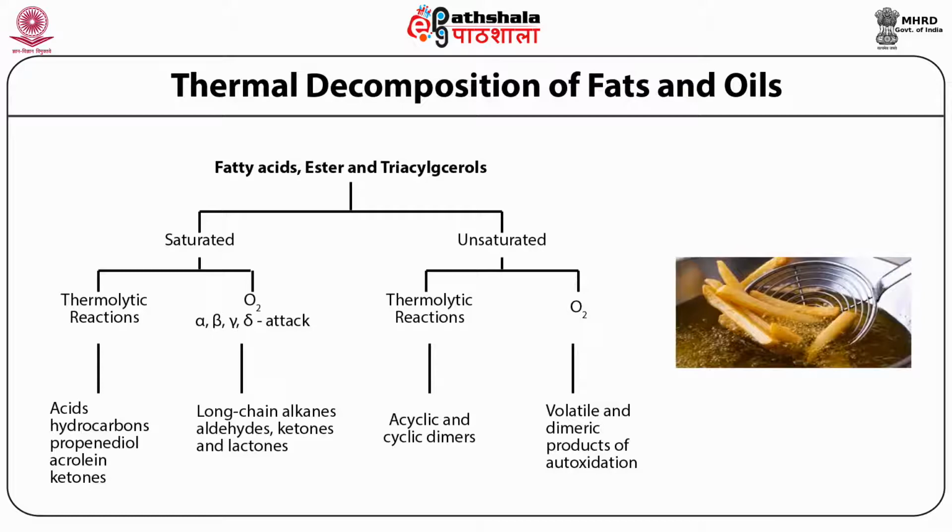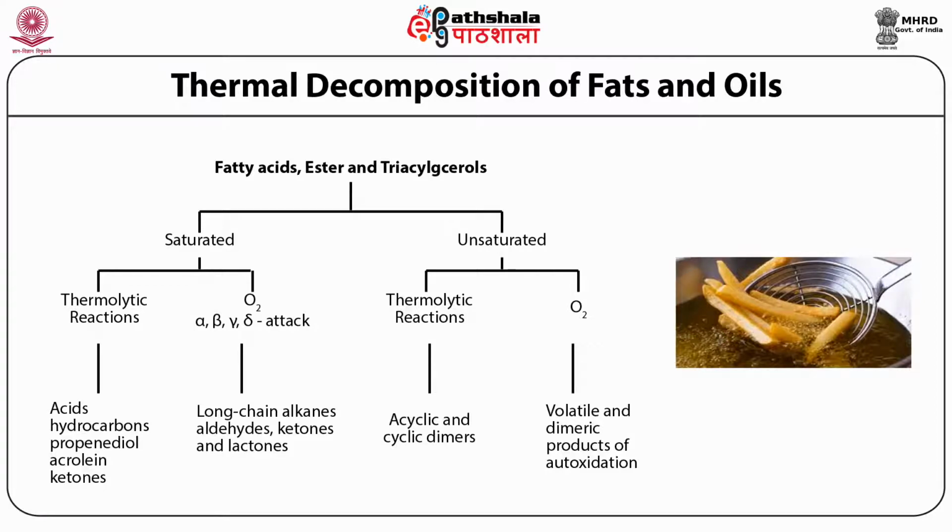This figure is depicting the thermal decomposition of fats and oils. Fats and oils, either saturated or unsaturated, when their thermal decomposition occurs, are converted into acids, hydrocarbons, propanediol, acrolein, and ketones. This happens with saturated fats.